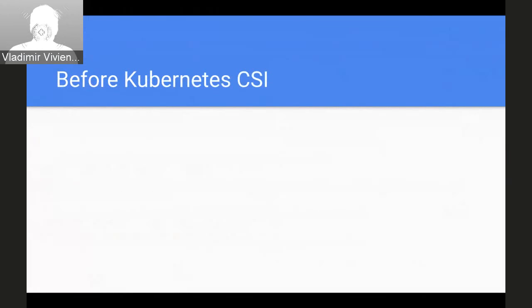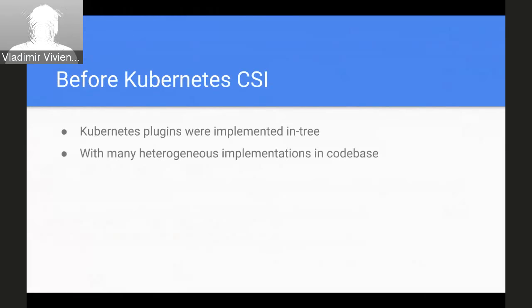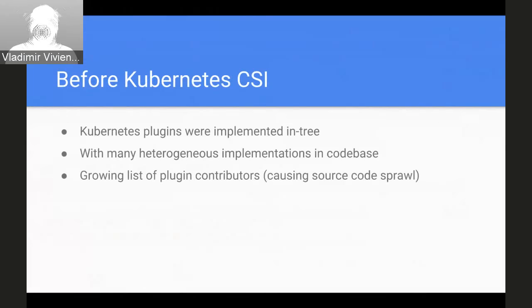So before Kubernetes CSI, what did we have? The Kubernetes plugins were implemented in tree, directly in the source code of core Kubernetes. What that created is many heterogeneous implementations in the code base directly. While it made deployment easier, what we ended up with is a growing list of plugins from different contributors, which eventually caused the volume subsystem to become large.